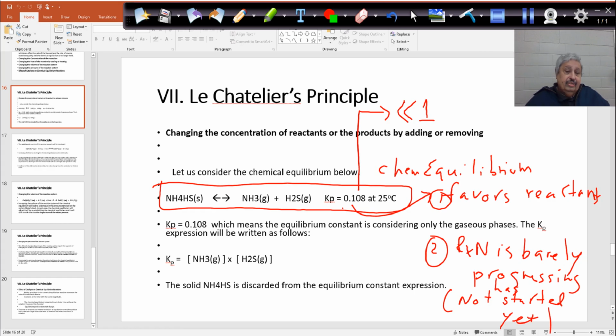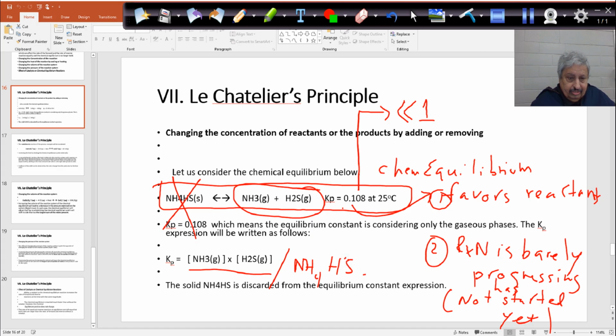Okay, guys, so whenever I put this one here, this one is out. Why? It's solid. It's not part of the consideration. So I set up this. Look at this. Those are the products, they come here. I divide them by this solid here, ammonium hydrogen sulfide. So this one is solid, correct?